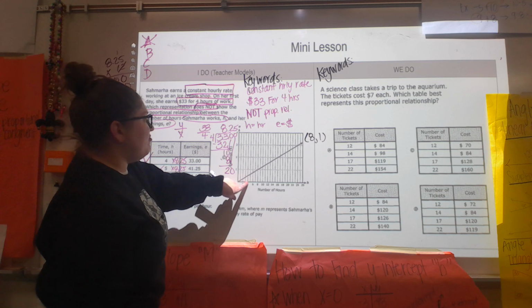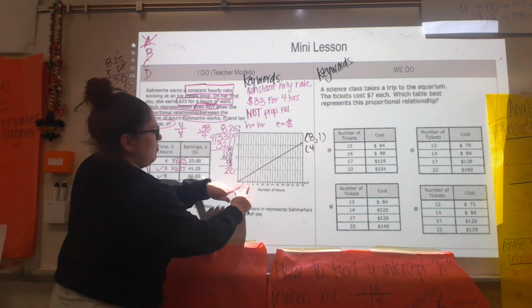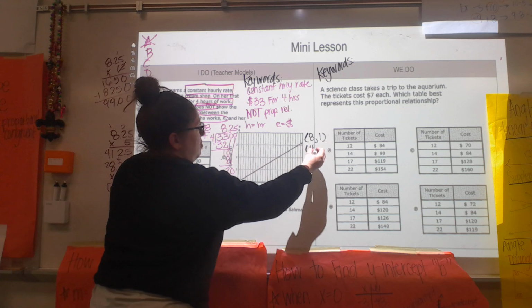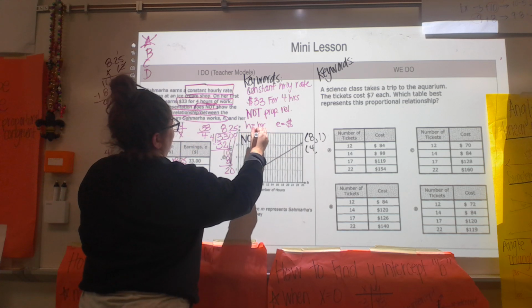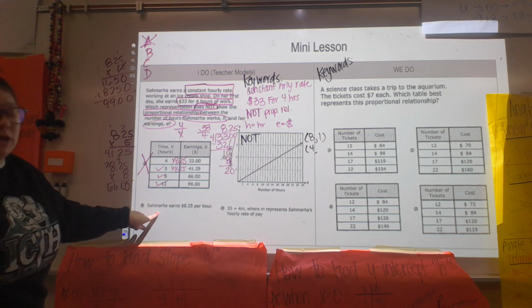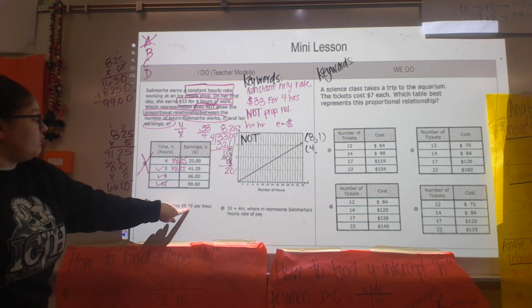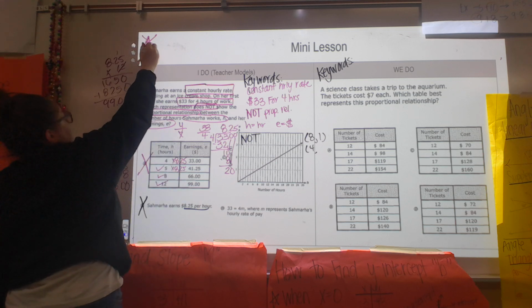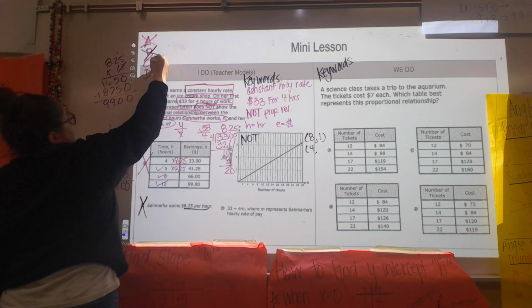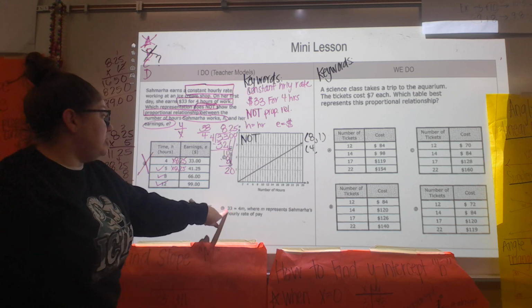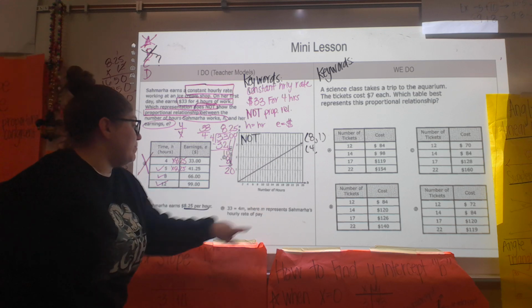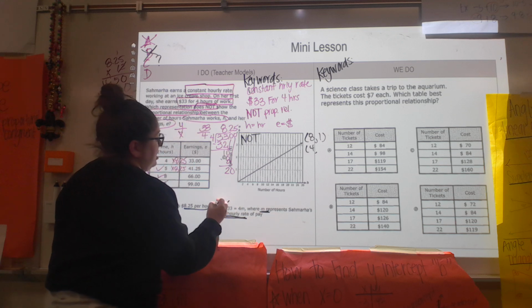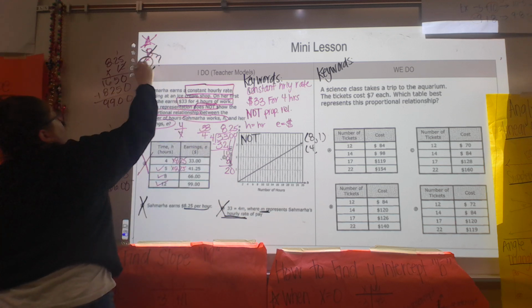Or did we do 4 hours and we made actually less than $1? No. So we know this one is not true, but we're going to keep going. B says Samara earns $8.25 per hour. Did we say that? Yes, we sure did. That cannot be my answer. 33 equals 4M, where M represents hourly rate. Did we say that? Sure did. My answer would be C.